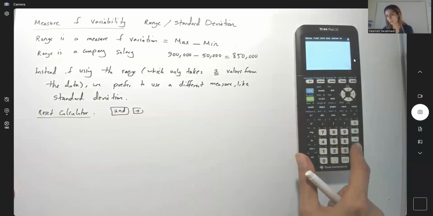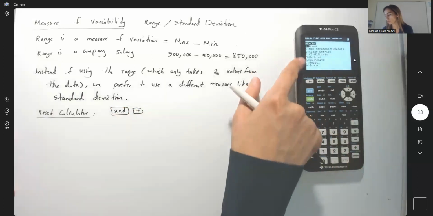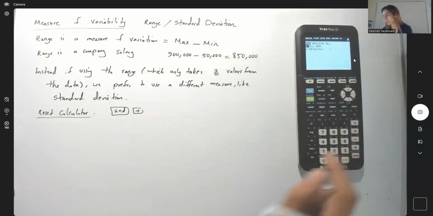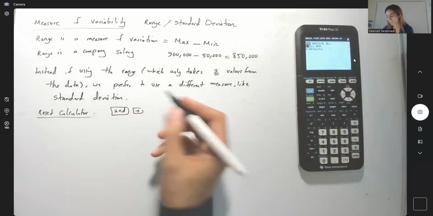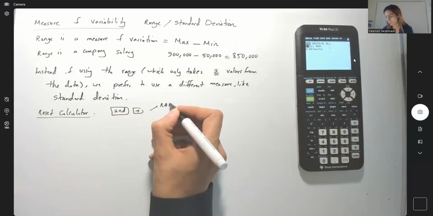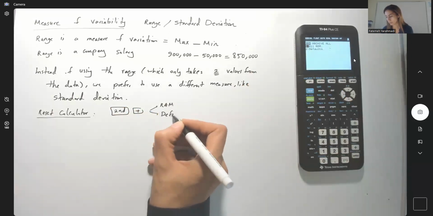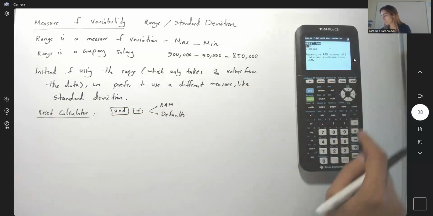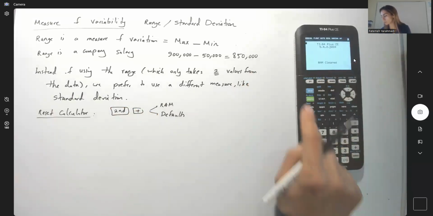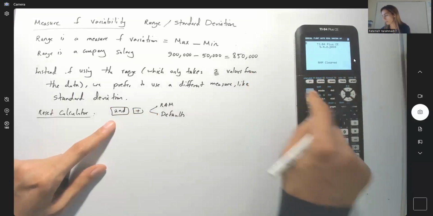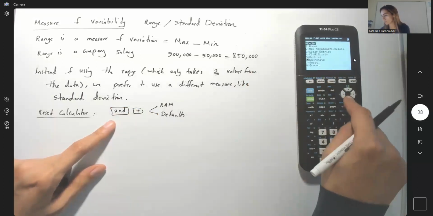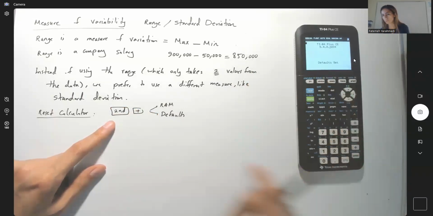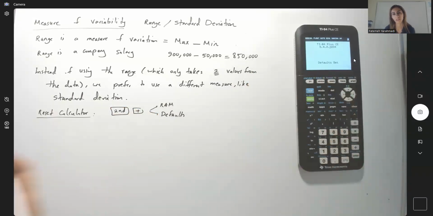You're going to find reset, and reset two things: the RAM and the defaults. To reset the RAM, select RAM and reset. Then repeat these steps: second plus, go to reset or 7, and reset the defaults as well. So there is no data in your calculator.